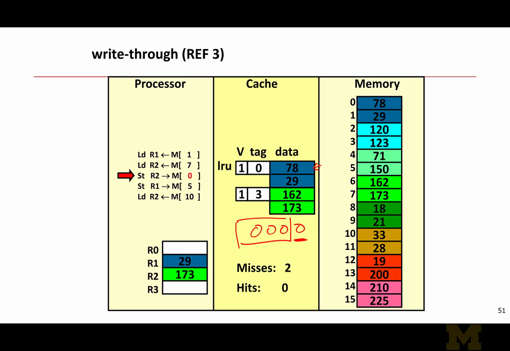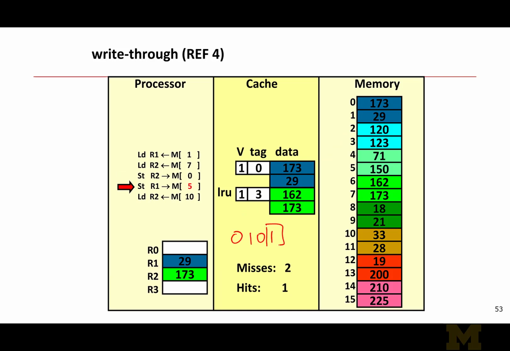So because I'm simulating a write-through cache, I need to write the new value, which is the value R2, which is 173. So I have to write back that value to memory and also update my local cache. Now I have a new address 101.